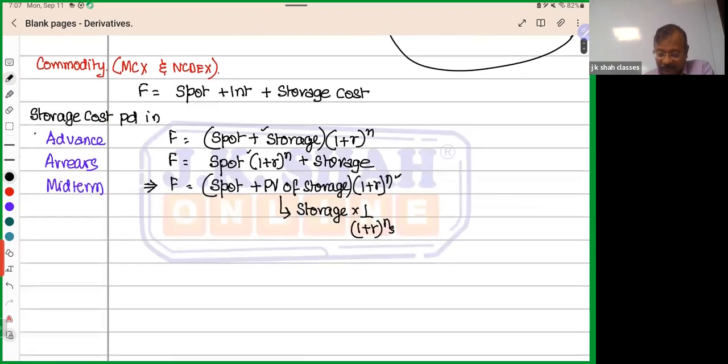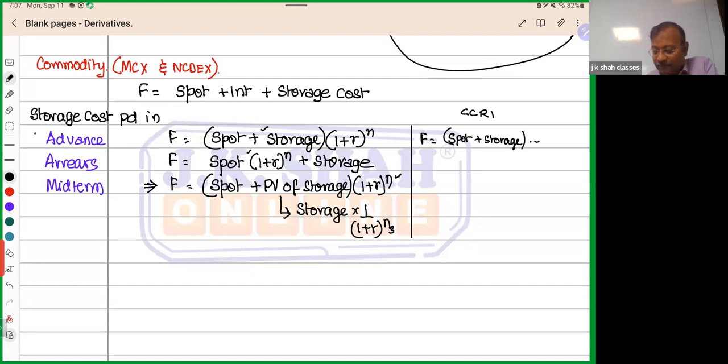Now, the same thing: if the interest rate is continuously compounded, then this expression would become future equals spot plus storage. Now, instead of 1 plus R to the n, this would become e raised to Rn. You just substitute that compounding factor, right?